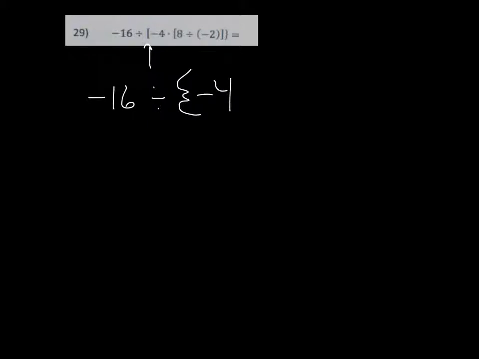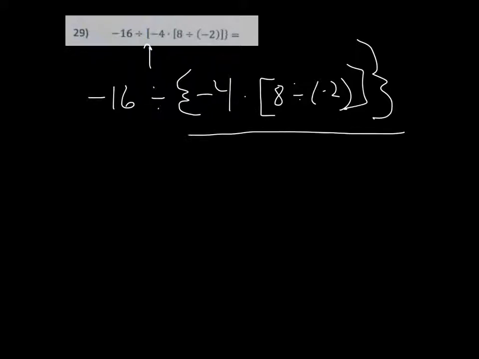Negative 4 times bracket 8 divided by negative 2 and bracket, and then, oops, did it again. By that guy. Okay. So what does this say, this big guy? This big guy is just parentheses inside a parentheses.